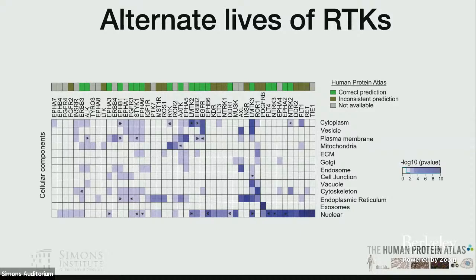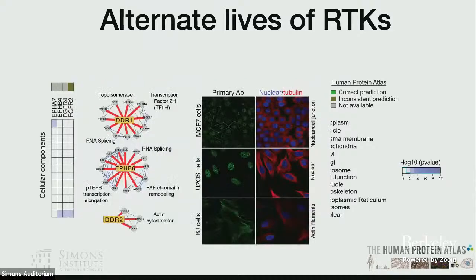We found that many of them, for example the ones shown down here, interacted with many nuclear proteins, so they're enriched for interactions with nuclear proteins. Then we asked how many of these are actually consistent with what we find in the Human Protein Atlas. In many cases they were consistent, which was surprising to us because these are transmembrane proteins.